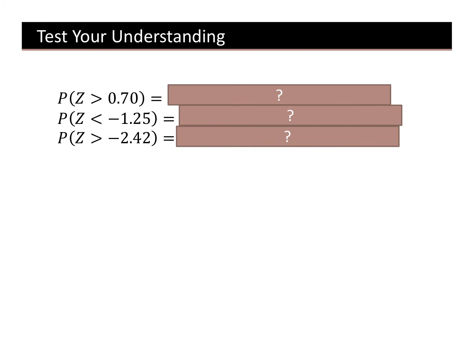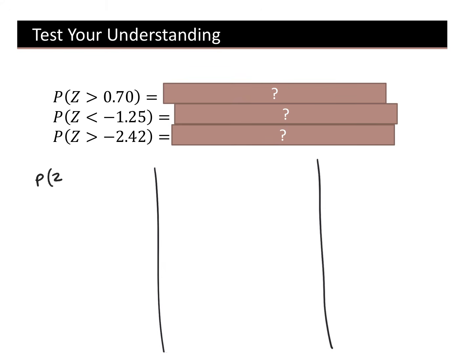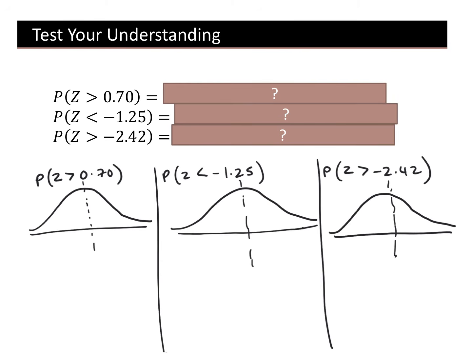Right, so test your understanding. I would suggest, if you're not sure, draw a picture. Okay, when in doubt, draw it out. So, feel free to discuss these. Okay, for the first one, we want z is greater than 0.7, okay?